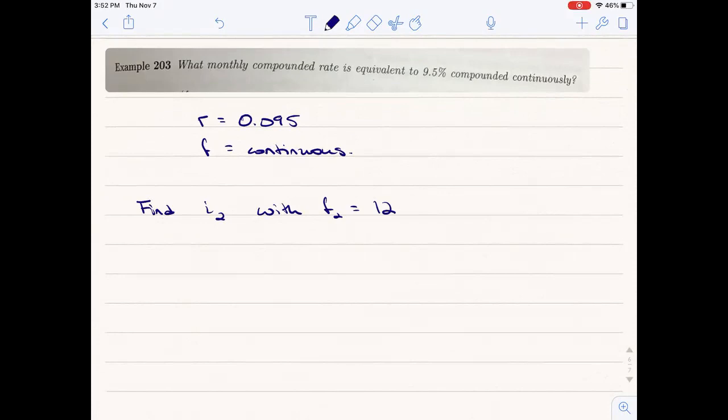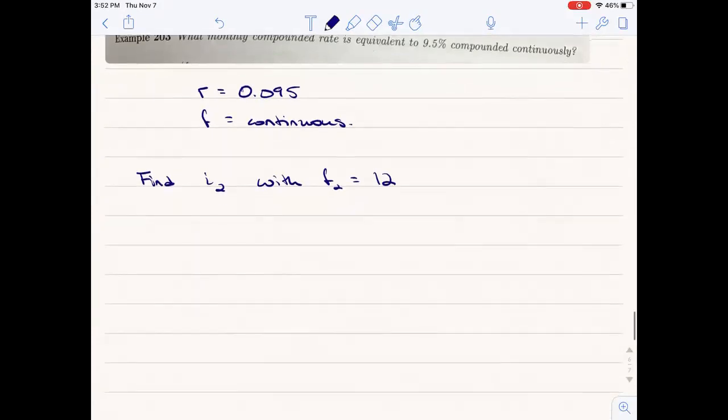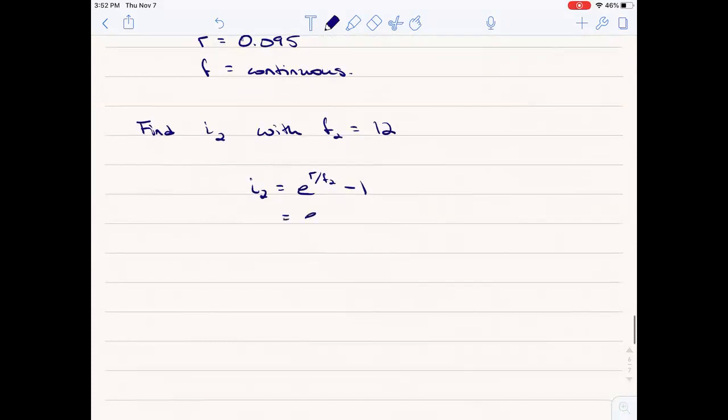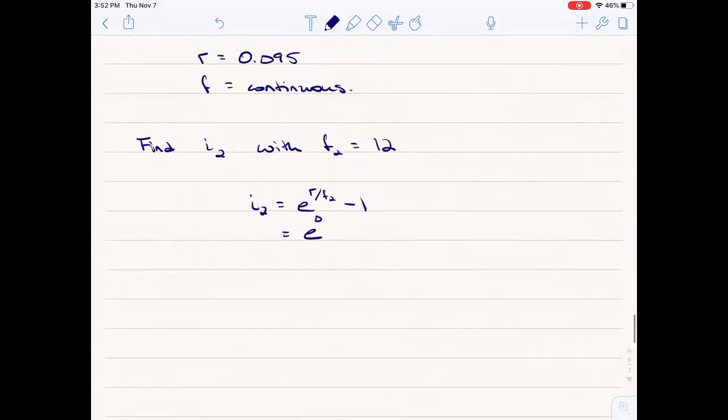So we're moving from a continuously compounded to a monthly compounded rate. And so that's when we use the I2 equals e to the R over F2 minus 1. And we're solving for I2, so we need e to the power of R, which is 0.095, divided by F2, which is 12, and then minus 1.